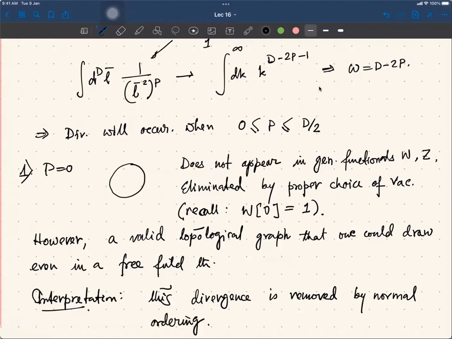So normal ordering removes divergences in the vacuum expectation value of various operators. Here the choice of vacuum eliminates this diagram from appearing in the generating functional.